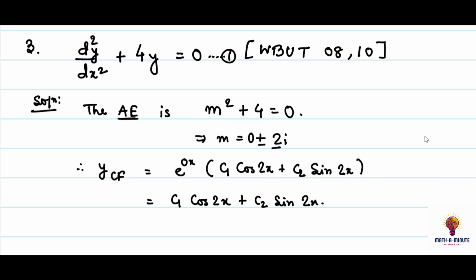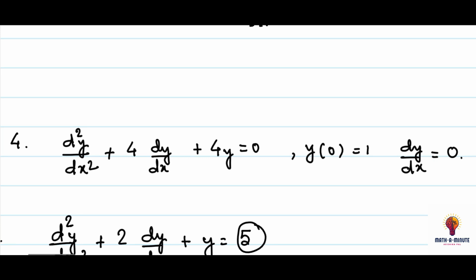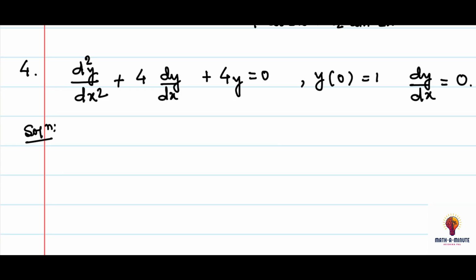Now again pause the video and try to find the solution of problem number 4. Here the given differential equation is a homogeneous equation, so the auxiliary equation will be m square plus 4m plus 4 equals to 0, because in the place of the second order derivative we write m square, and in the place of the first order derivative we write m.